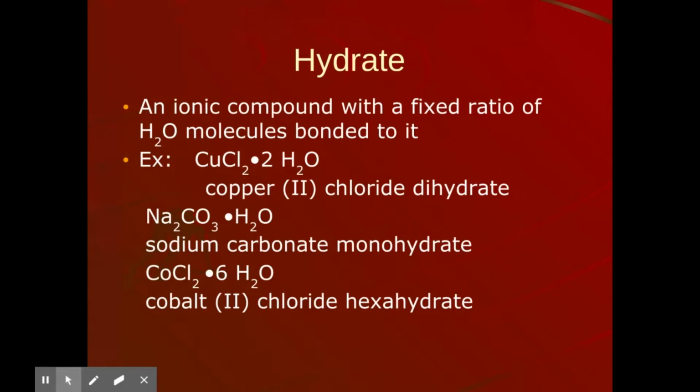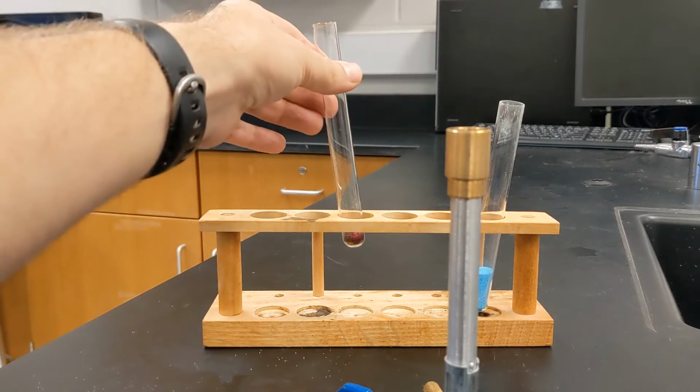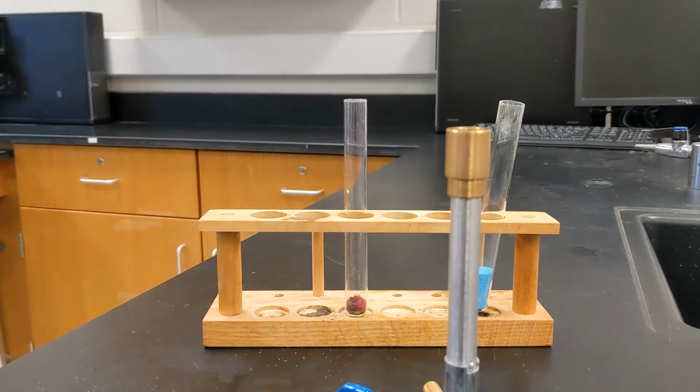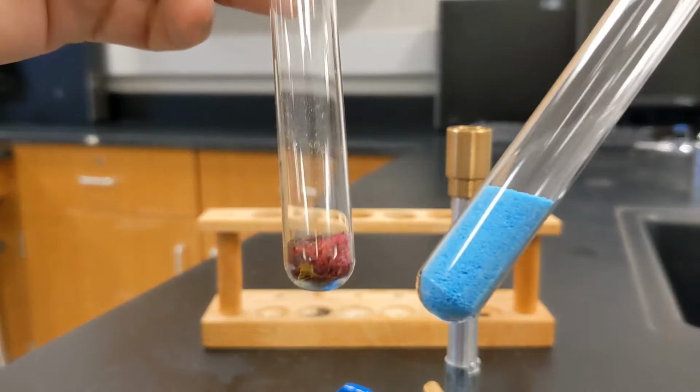I'm going to show you real quick some examples of some hydrates and how you can actually go through the process of dehydrating them by heating them up. All right, I have a couple of different substances that are defined as hydrates. Each of these has water chemically bonded to them.